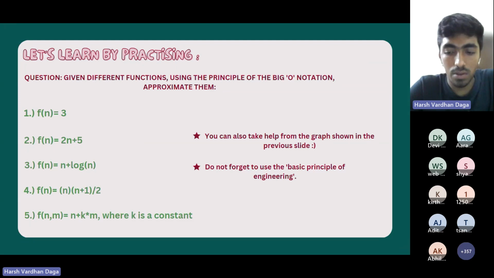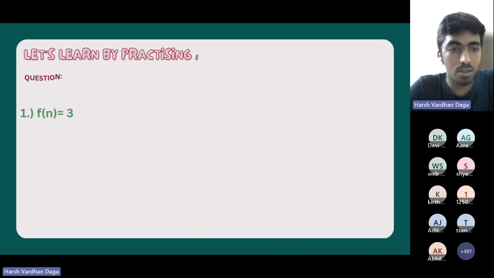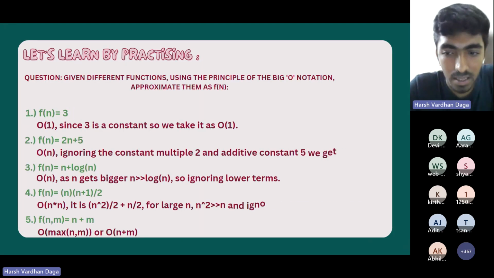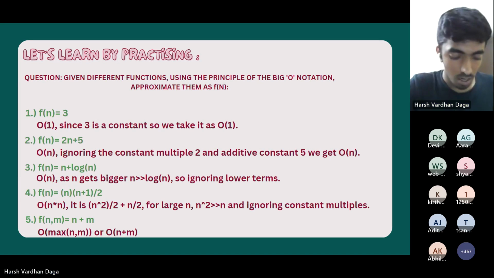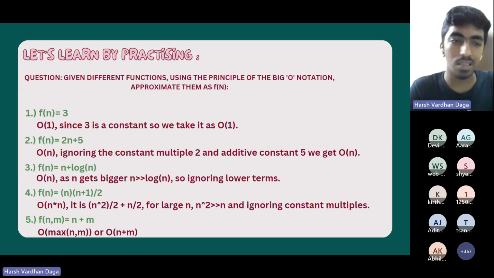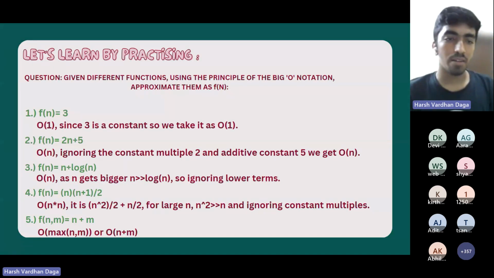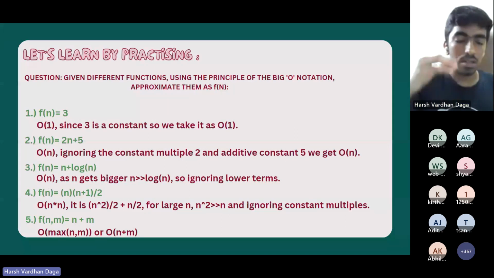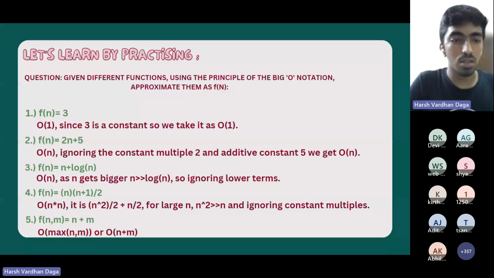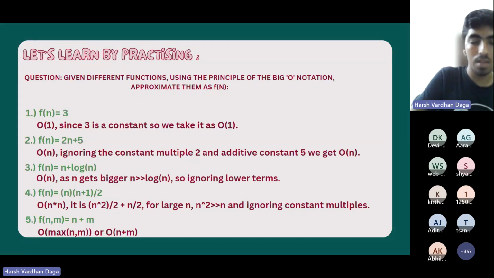Yeah, so here are the answers for the 5 parts. I'll discuss all the parts one by one. First, f of n is equal to 3. Observe that there is no term of n which has a power that is a natural number.